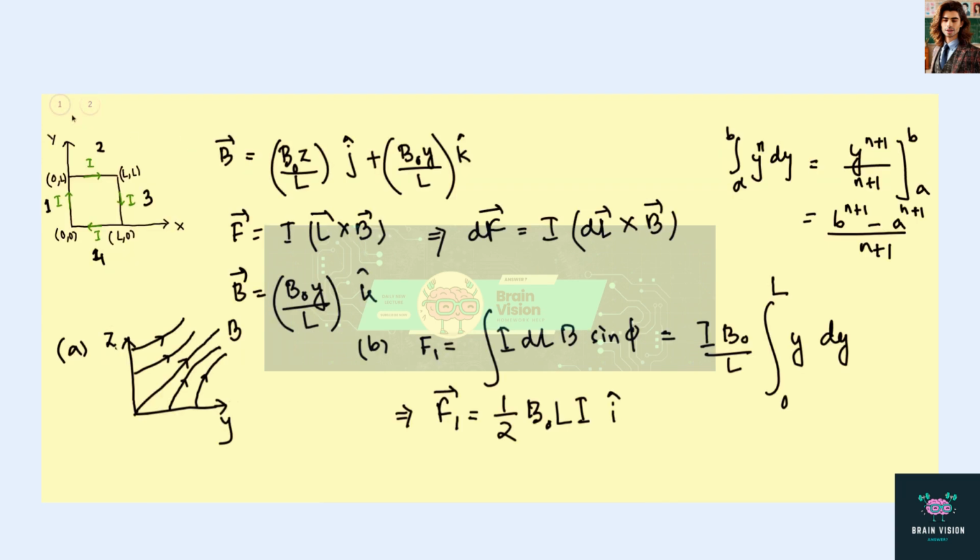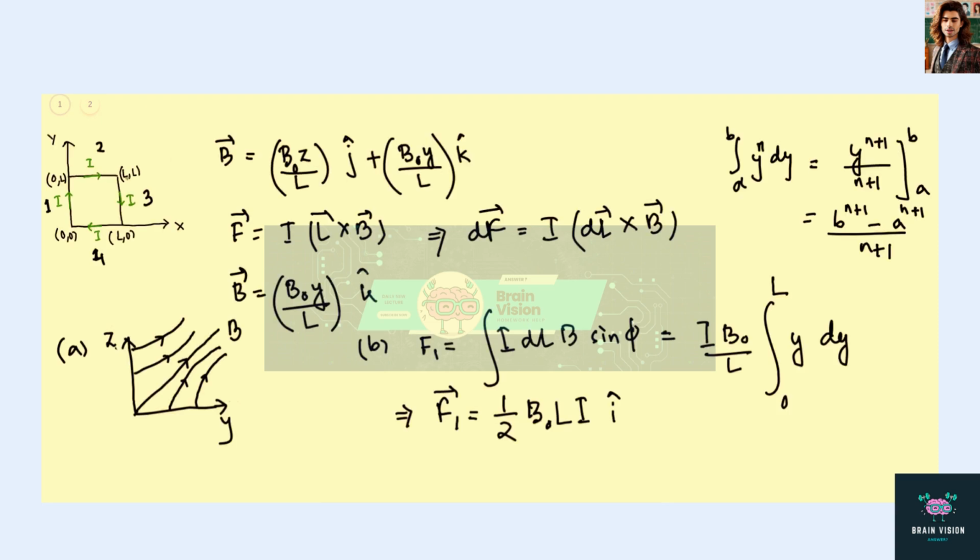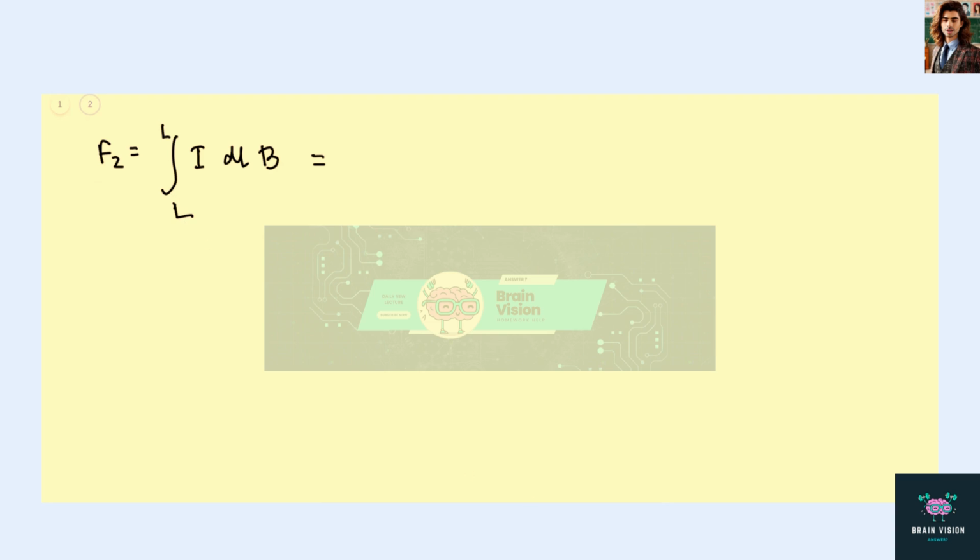Okay, so we have to see what dl is. So dl is basically dx here, because dl is parallel to the x-axis. So our limits are going to be the limits of x and not the limits of y.